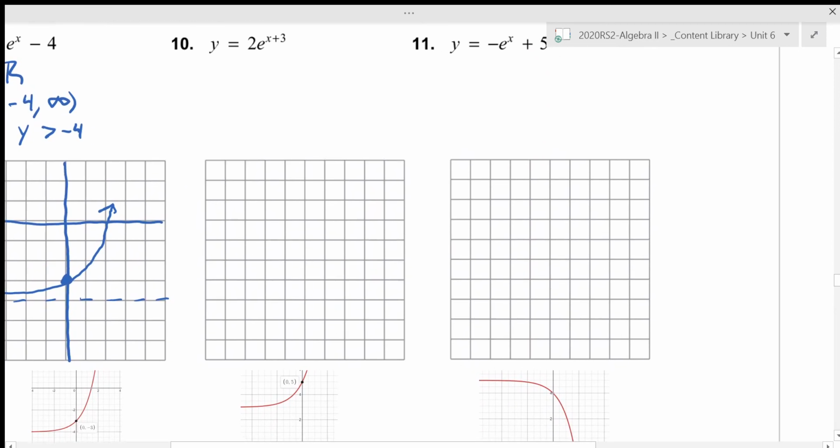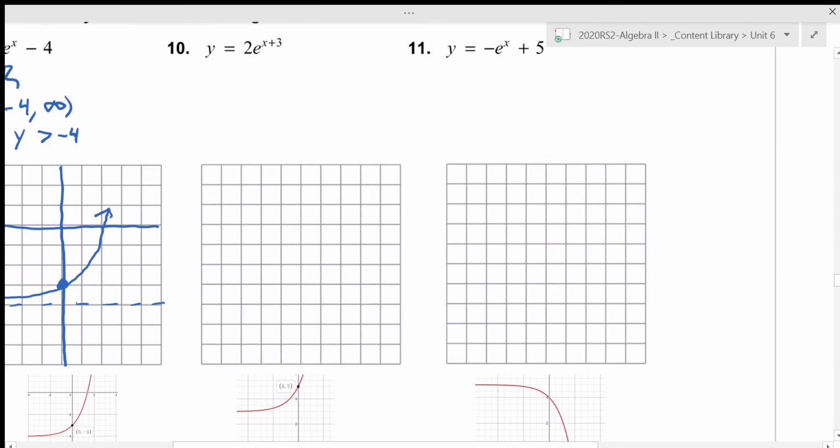All right, next we have y equals 2e to the x plus 3. The nice point that this goes through is 0, 5. And it also will go through -3, 2.